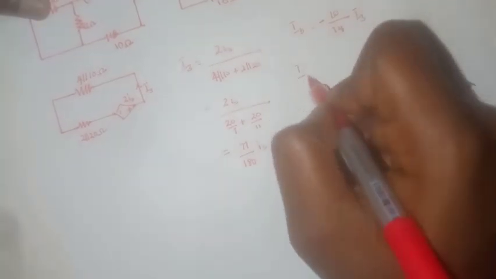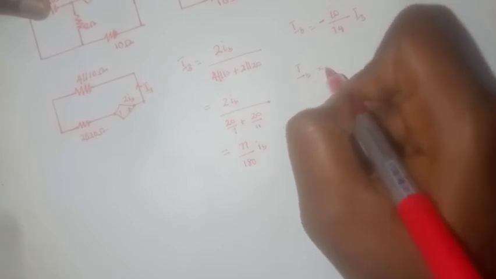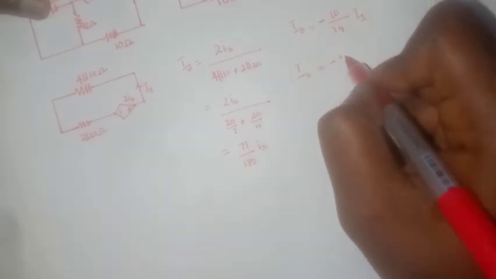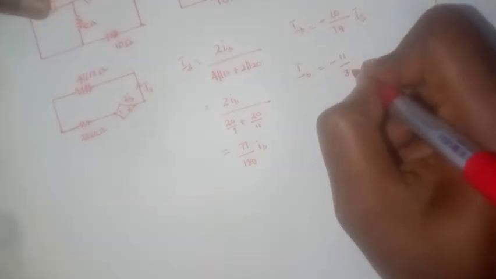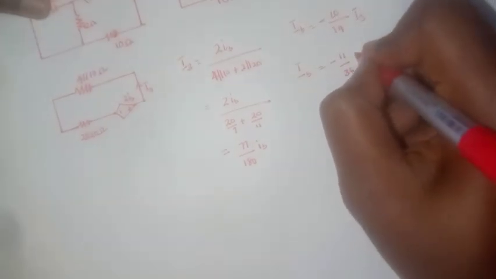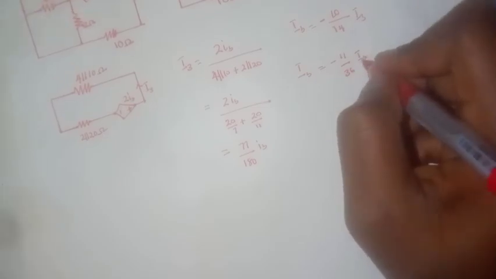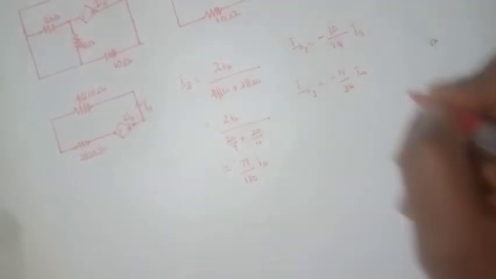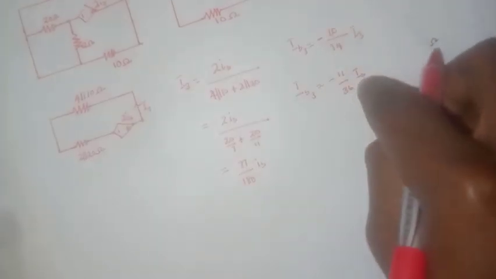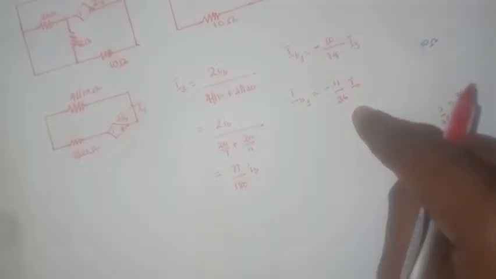We can then substitute that here, and this would give us minus 11 over 36 IB. So this would be IB3. So we expect IB3 to be equal to minus 11 over 36 IB.